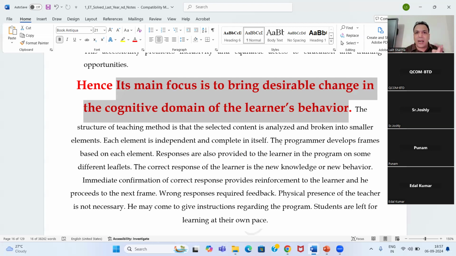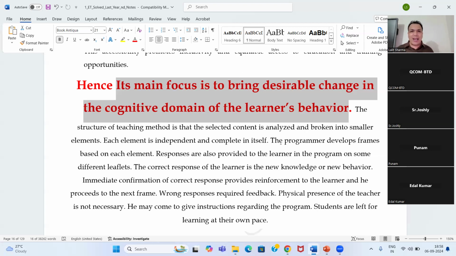Whether the student learns through the cognitive, affective or psychomotor domain. He must be more intelligent due to the cognitive domain. He must be more emotional due to the affective domain. He must have good motor activity due to the psychomotor domain. These are the three domains.